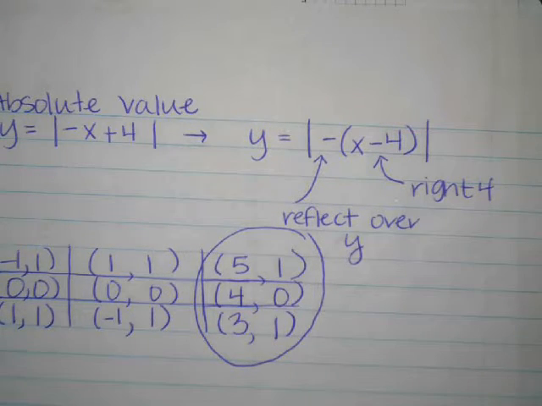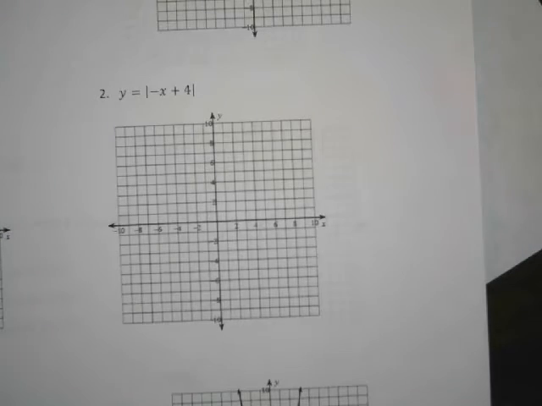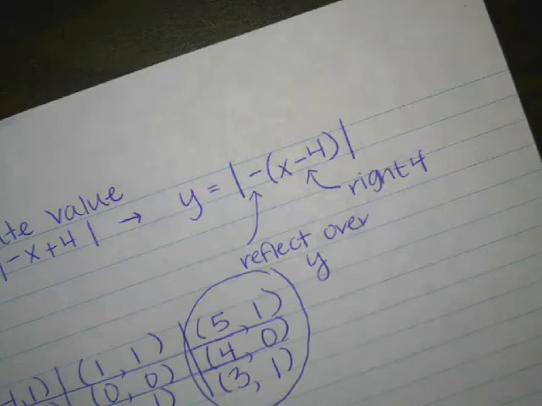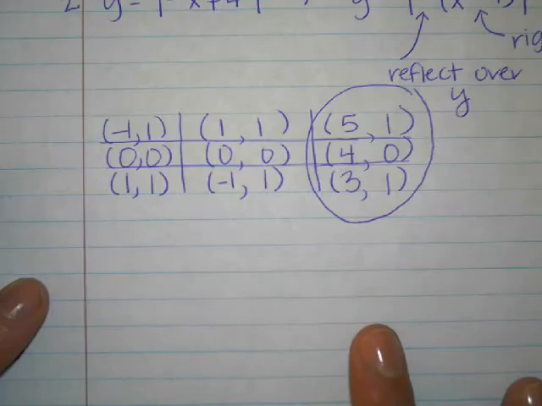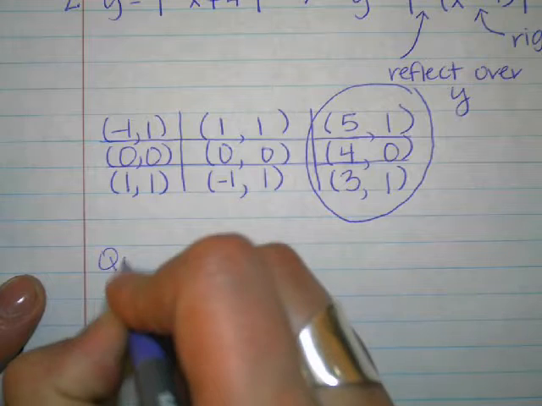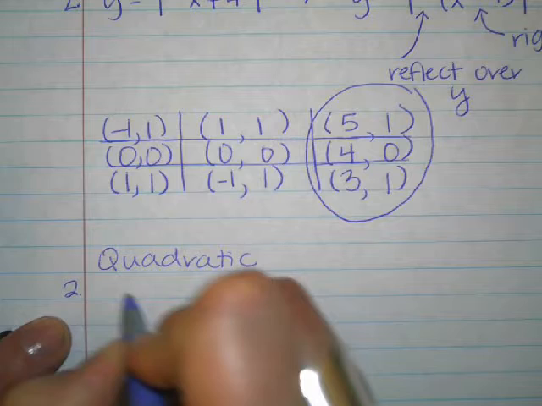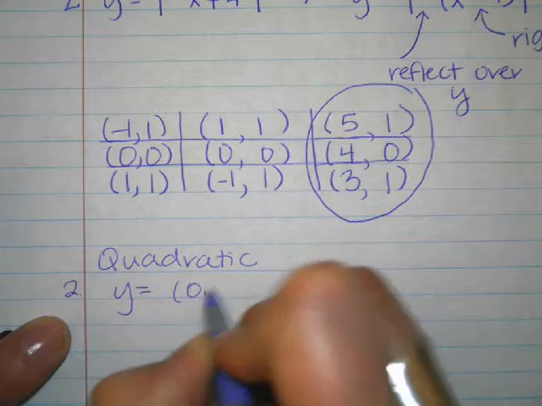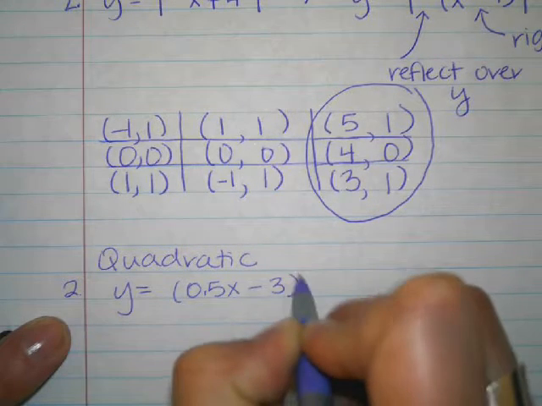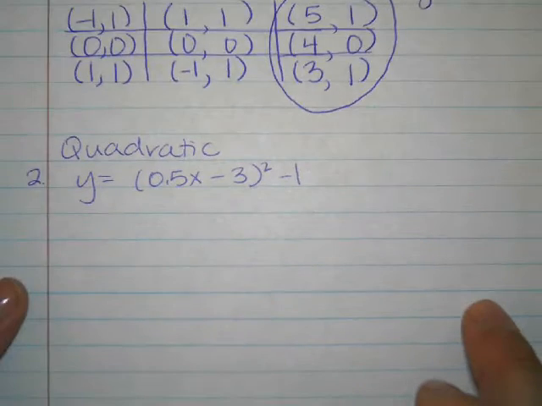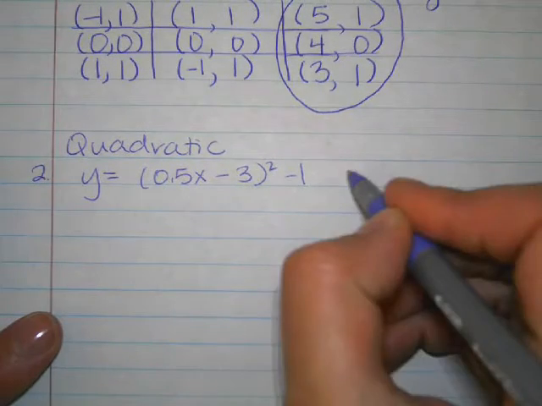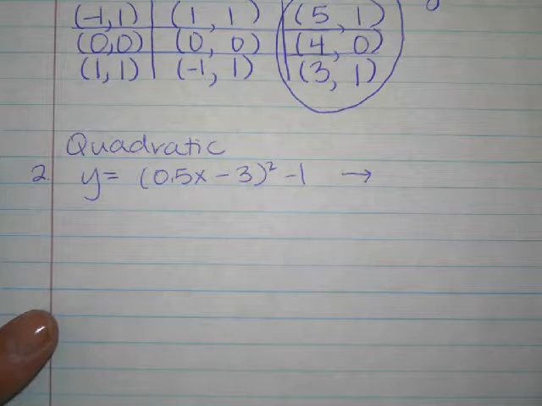Okay, so for the next number 2, we're going to look at the quadratic number 2. And again, this one is written incorrectly because the x has a number in front of it and it's not supposed to.